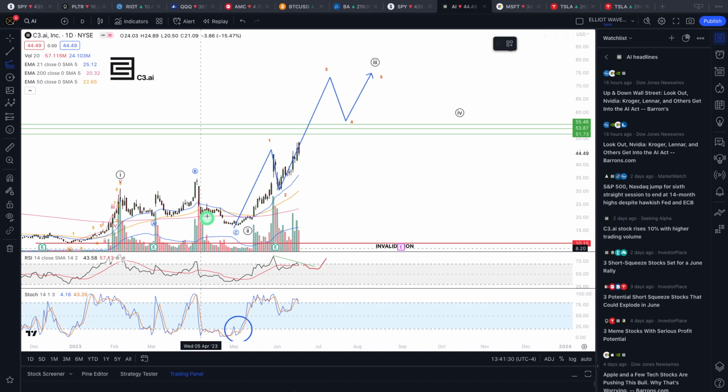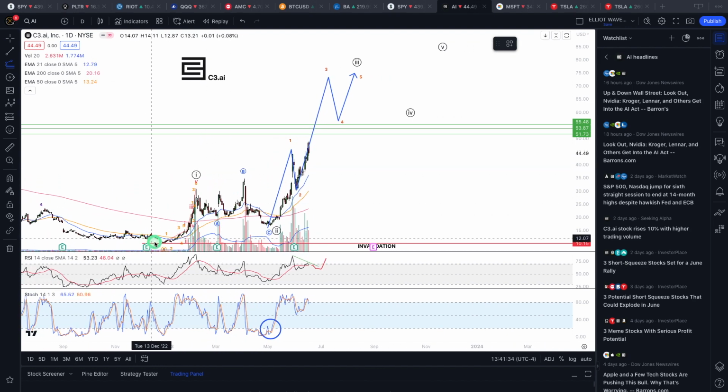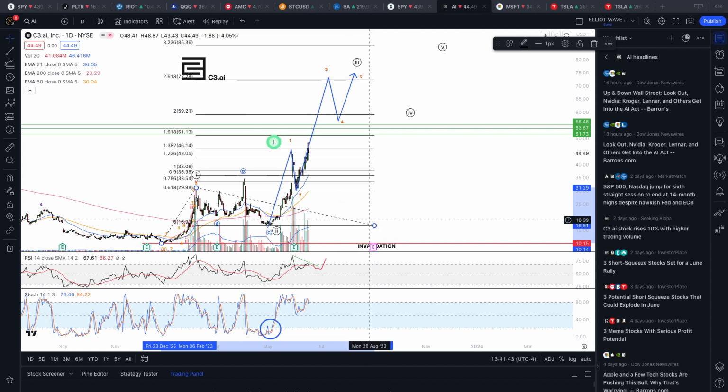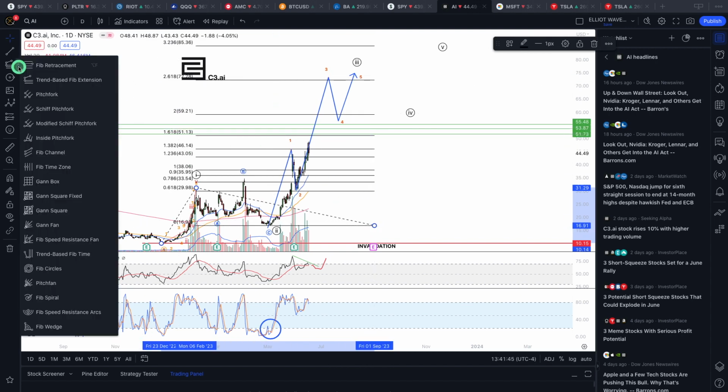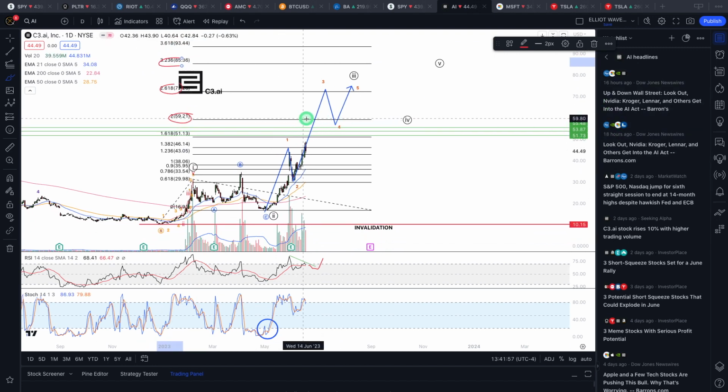If this is the preferred scenario, there's a couple of different targets. Obviously, we can just go with a higher target instead of the 161.8% from this larger degree first wave, and we can target the 200%, 2.618, 3.236, all these in succession once we take some of these targets out.